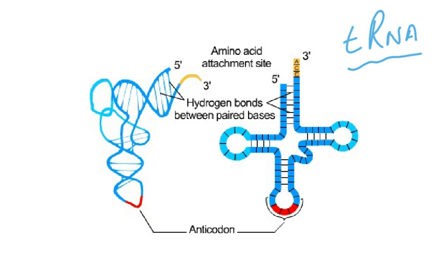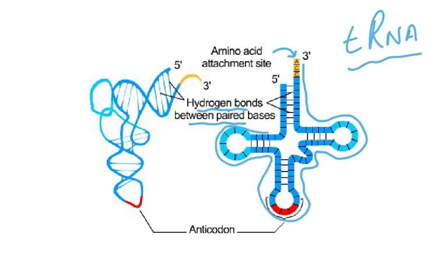Now another thing about the RNA, this is the transfer RNA, the tRNA. This is the amino acid attachment site. But the main thing which I want you to see is there are hydrogen bonds between the paired bases. The reason is that it is a single strand, but it is folded on itself. You usually think, okay, mRNA is just a single strand, and tRNA is also a single strand, and rRNA is also a single strand.